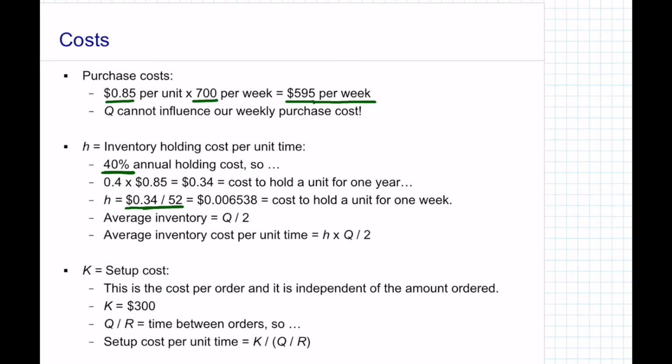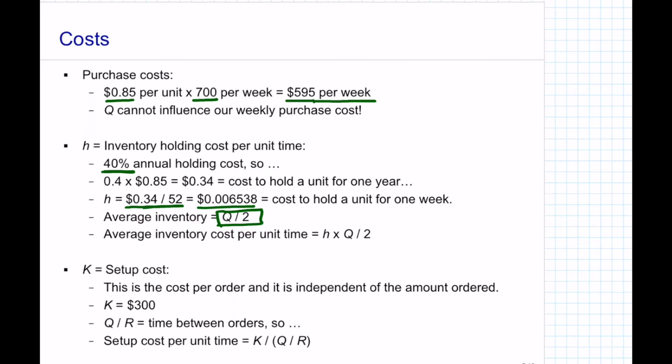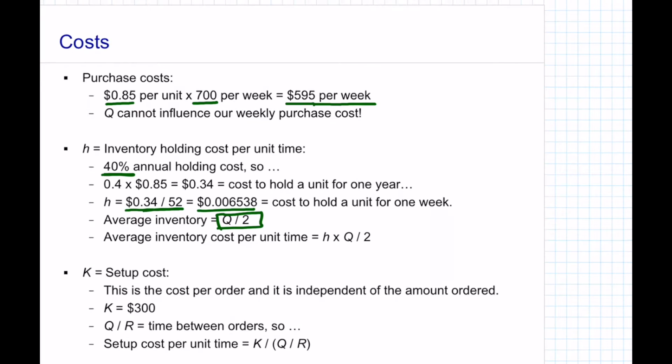And note that because the order size is Q, average inventory is going to be half of that. So we multiply H times Q by 2, we get average inventory cost per unit time. Now, if you look at the setup cost, which is ordering cost in this case, the fee is $300 per order, and time between orders is Q over R. So if you divide K by Q over R, we get setup cost per unit time.